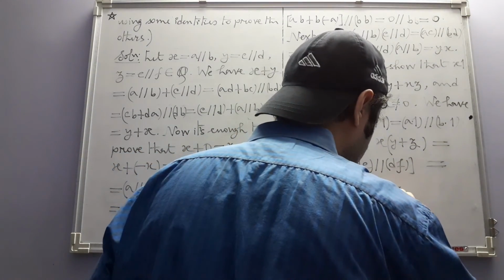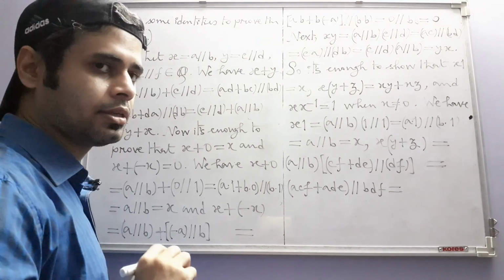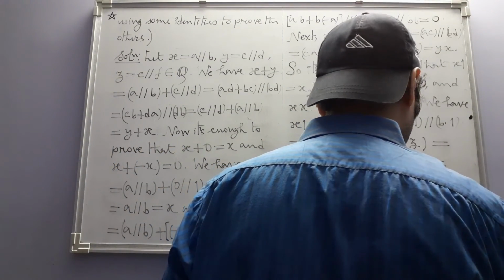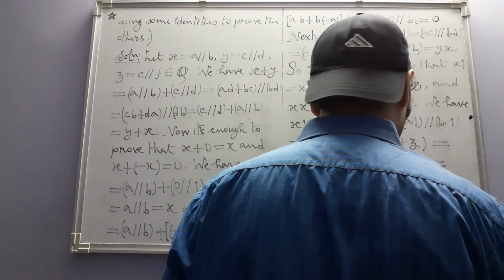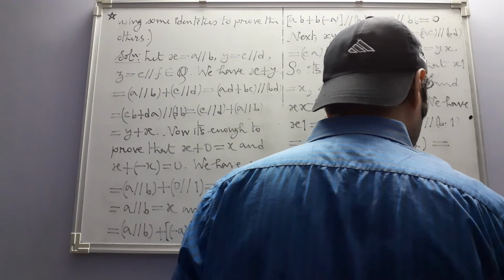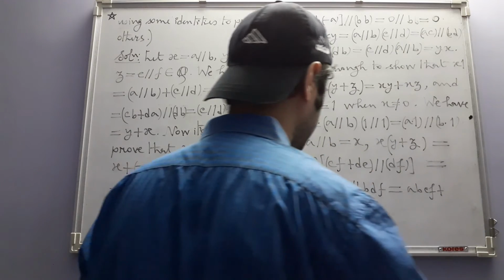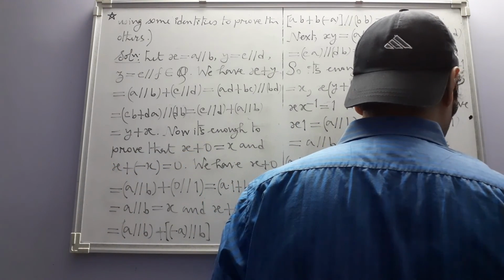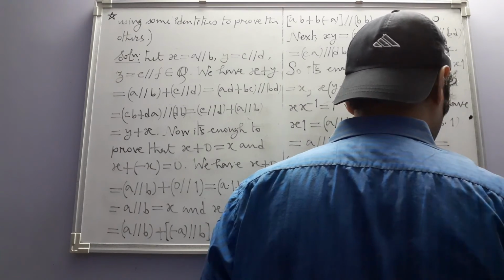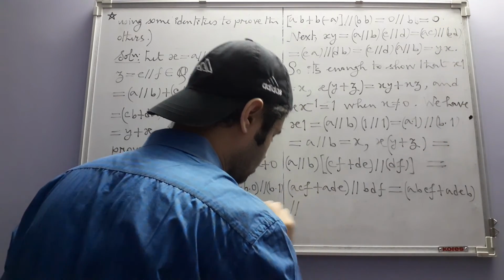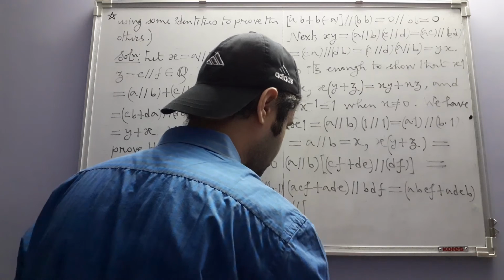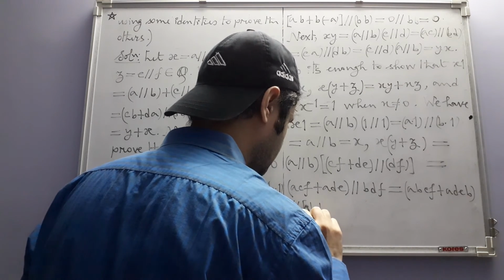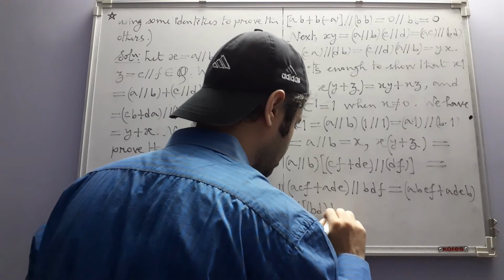Okay, now this rational number is actually equal to also this rational number, abcf plus adeb by bdbf.